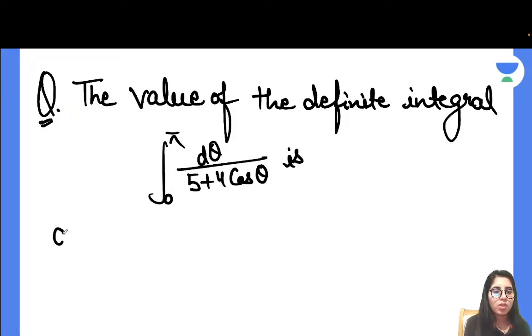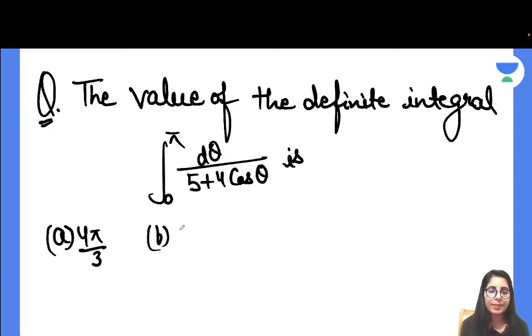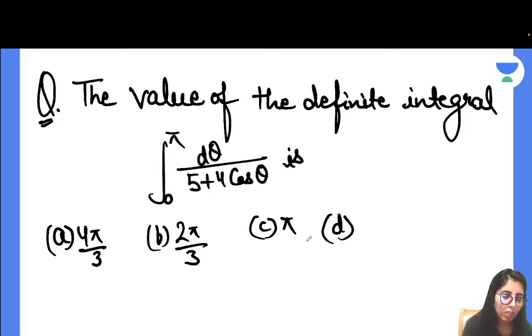The options are 4 pi over 3, 2 pi over 3, pi, and pi by 3. So how, with the help of a trick, can this question be solved within just seconds? Let's have a look at that.